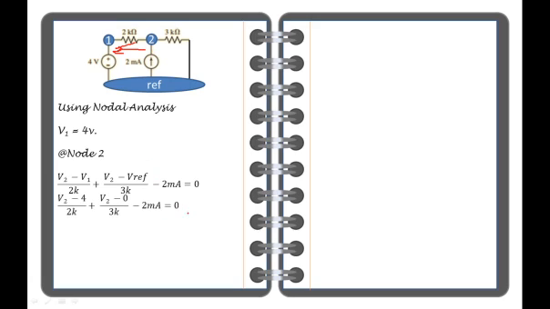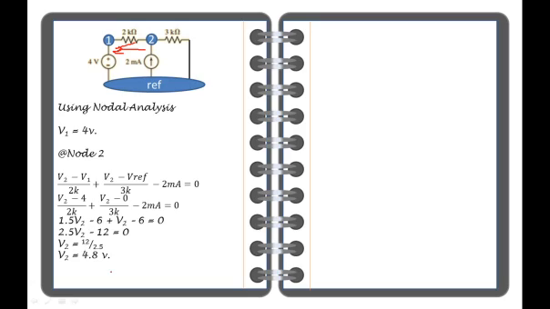Simplifying and substituting the values of V1 and V reference will lead us to V2 equal to 12 over 2.5, or the voltage at node 2 is equal to 4.8 volts.